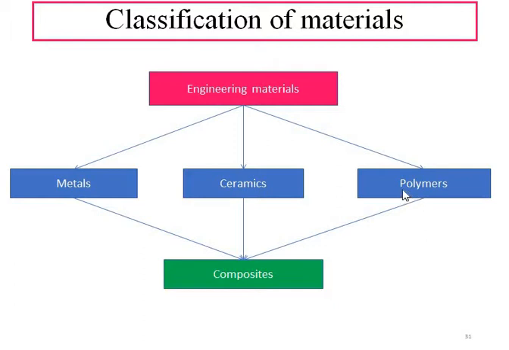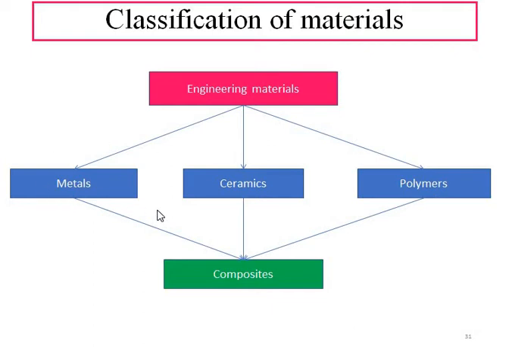Actually, the total classification we will see in the next slides, but it is broadly classified into these three: metals, ceramics, and polymers. This classification did not come in the contemporary era, which we have discussed in the initial slides.